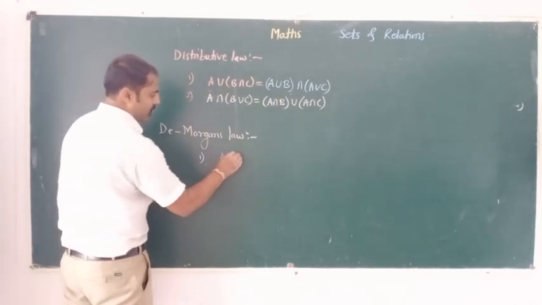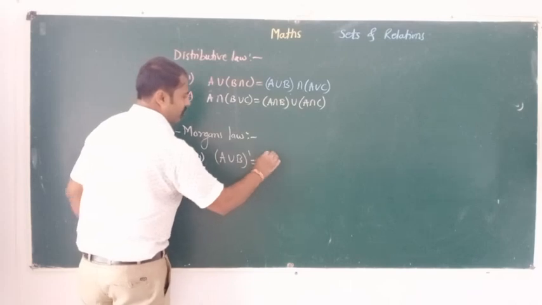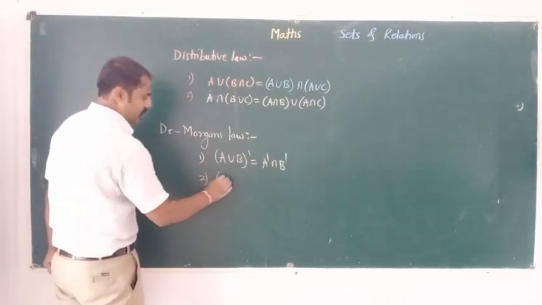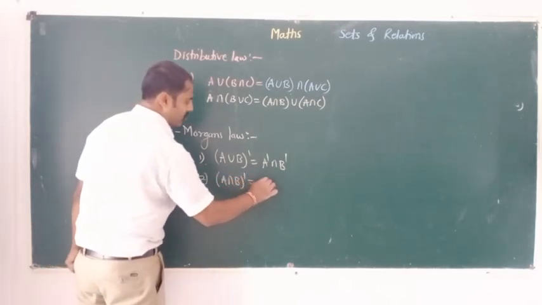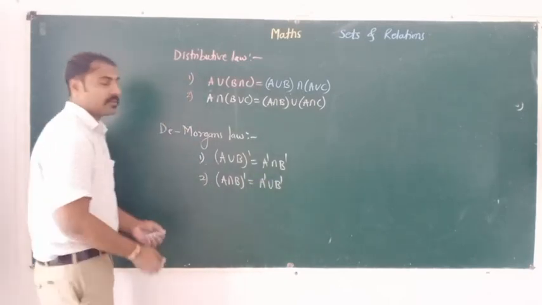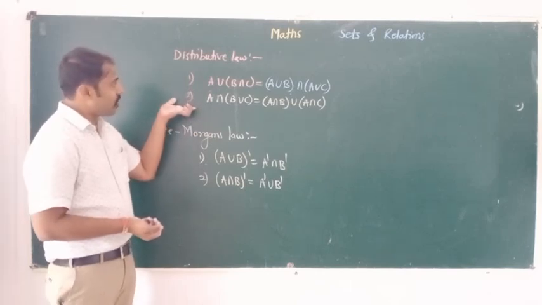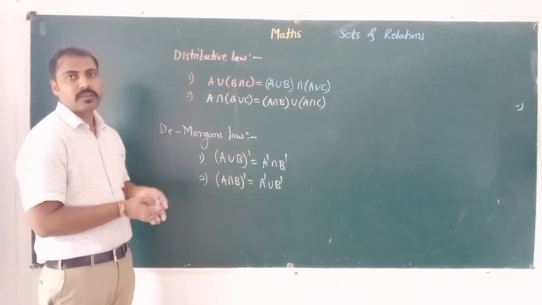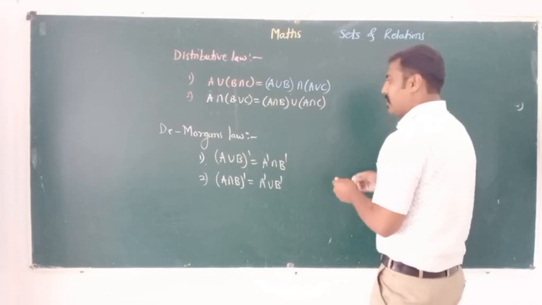A union B bracket complement is equal to A complement intersection B complement, and the second one is A intersection B complement is equal to A complement union B complement. You verify these two laws by taking examples or by using Venn diagrams. I am explaining here only De Morgan's law.